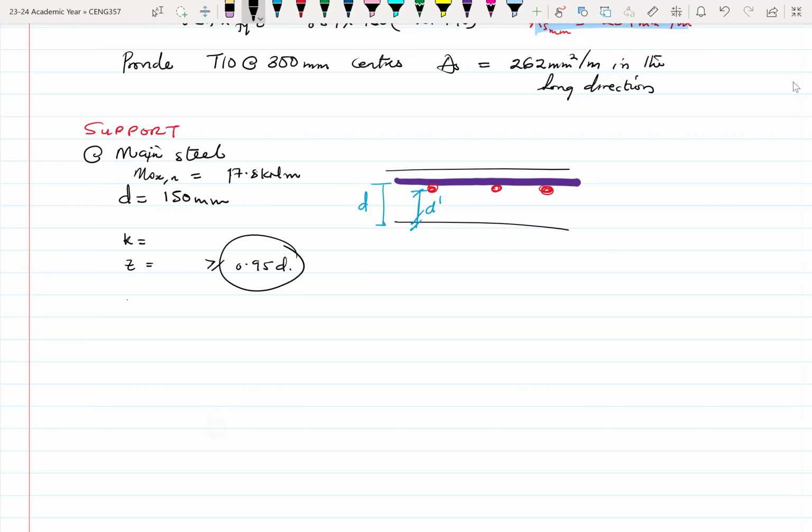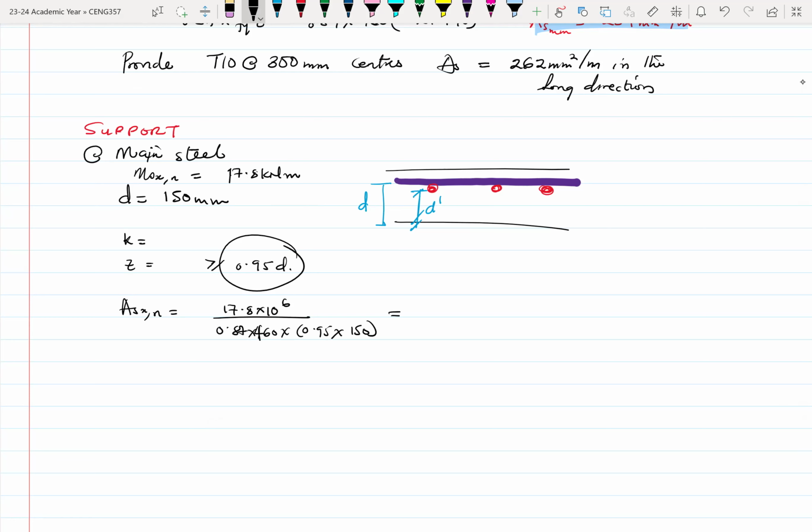So now our ASX negative will be 17.8 times 10 exponent 6 divided by 0.87 times 460 times 0.95 times 150.